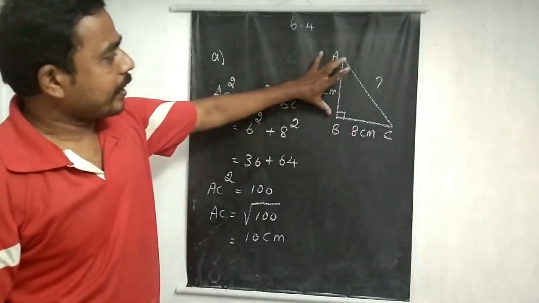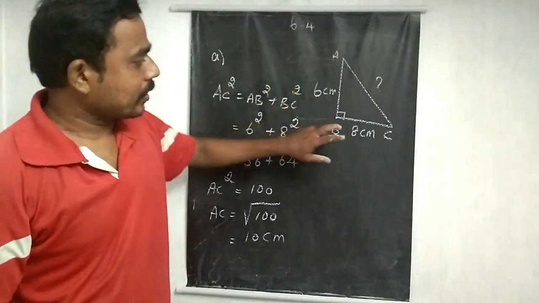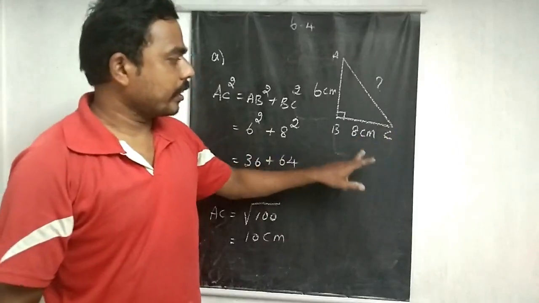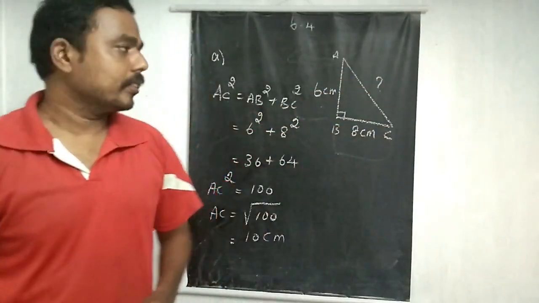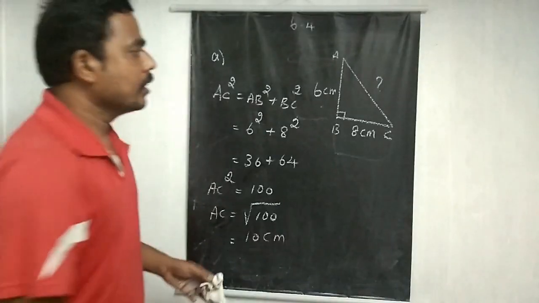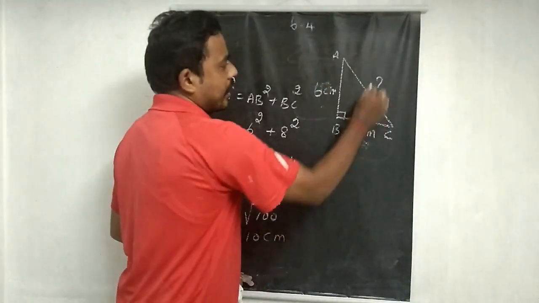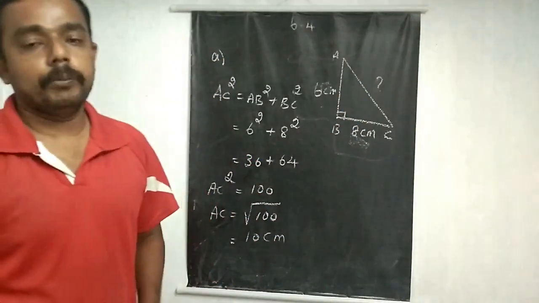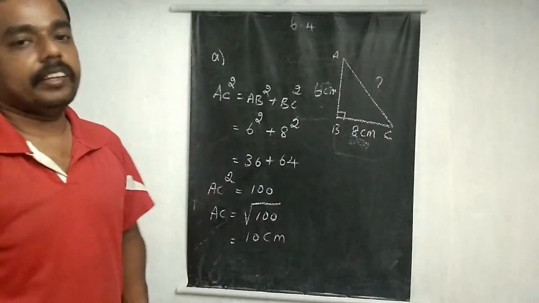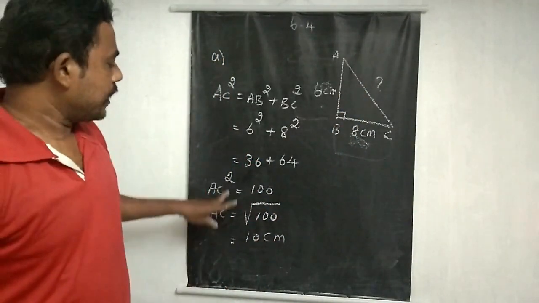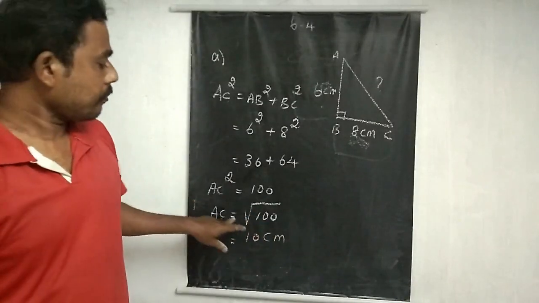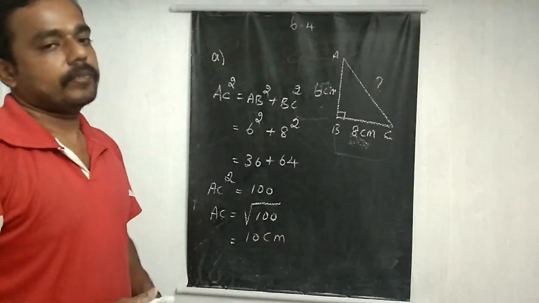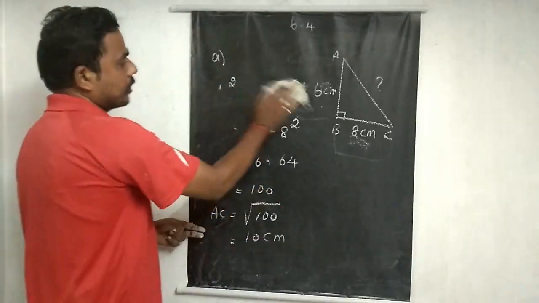So this covered area square is equal to the area of the side AC. This is the meaning of the Pythagoras theorem. So this area is equal to the hypotenuse side area. Here AC squared is 100, which means we need to find the square root of this number, 10. So this is the first question.